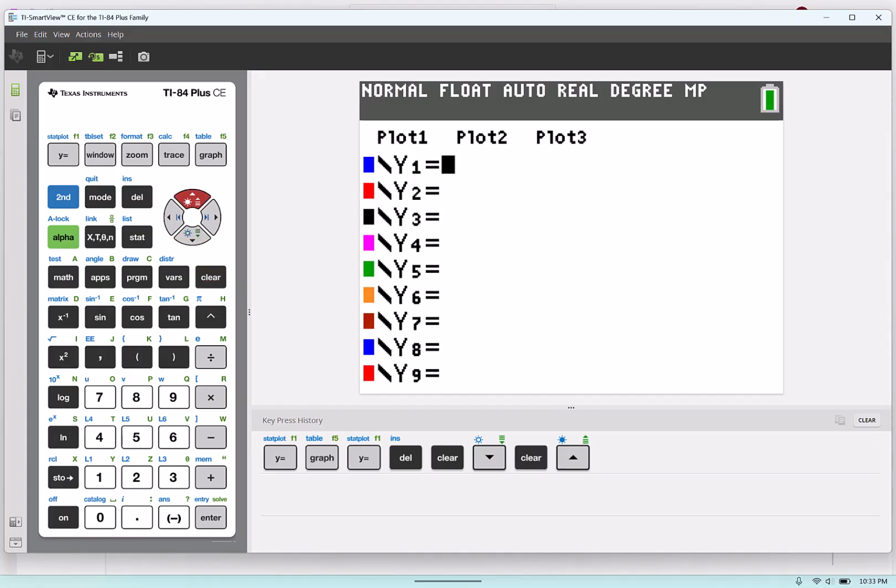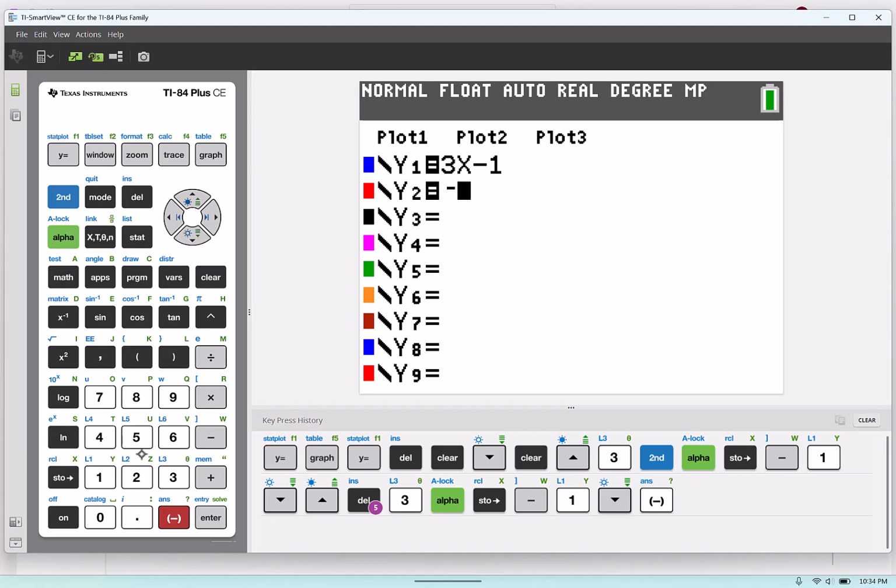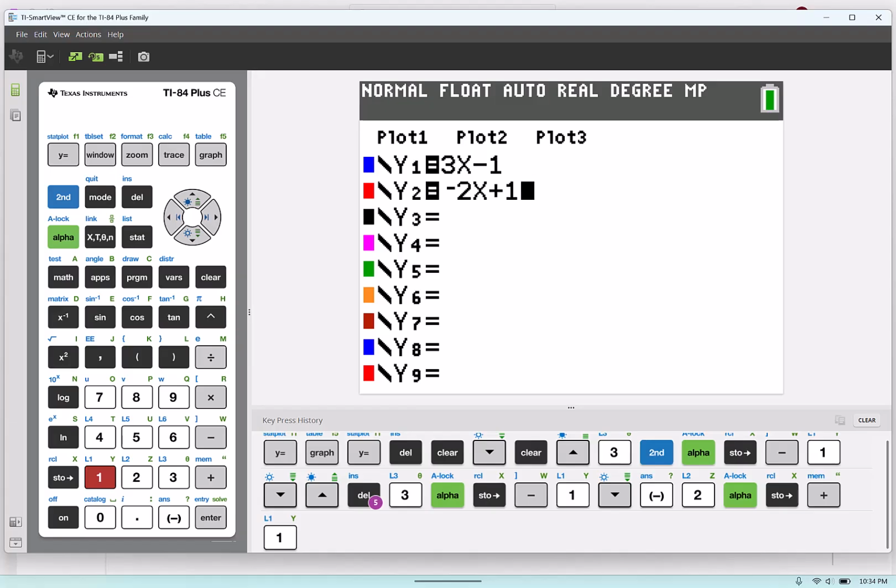And so we got 3x minus 1. There we go. And then we got negative 2x plus 1.